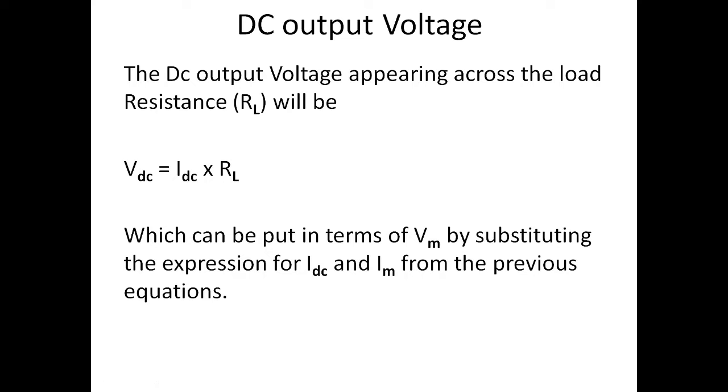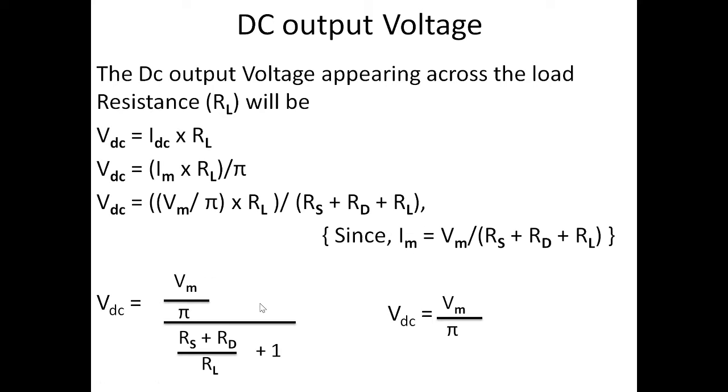Now, what about the DC output voltage? The DC output voltage that appears across the load resistance will be VDC, the average current into the load resistance. This is as per Ohm's law, which can be put in terms of Vm by substituting the expressions for IDC and Im from the previous equations.